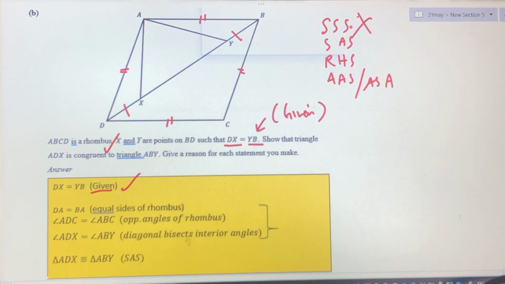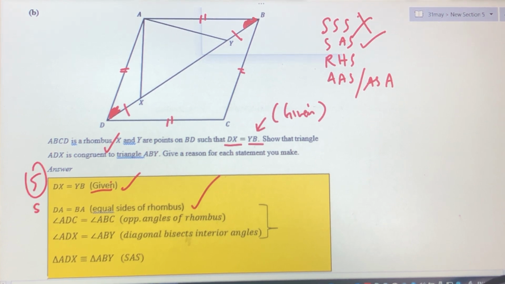This one cannot be, because we don't know whether this is isosceles or equilateral. This one is very likely because we know this, and we know this and this are equal. Why? Let us say this first. This and this are equal, so we have the side already.